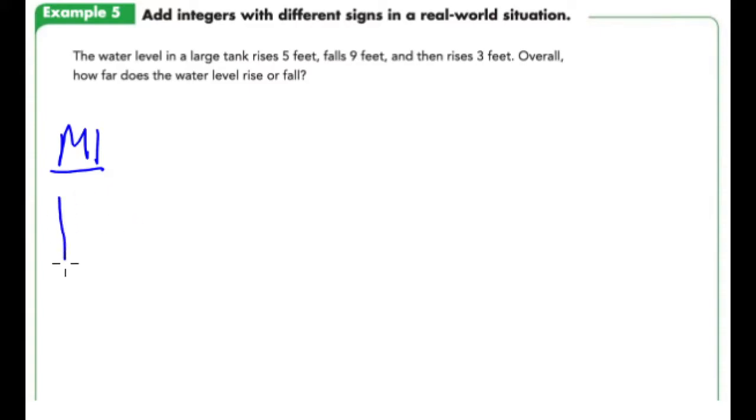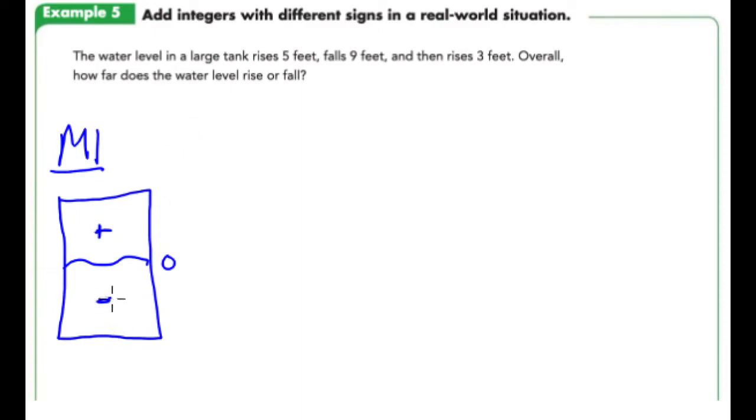So we know that there is some kind of tank filled with water, and we don't know what the water level is. So I'm going to put a 0 to represent its starting point. Now if we end up on the positive side above 0, that means that our water level rose. And if we end below 0 on the negative side, that would mean that our water level fell.